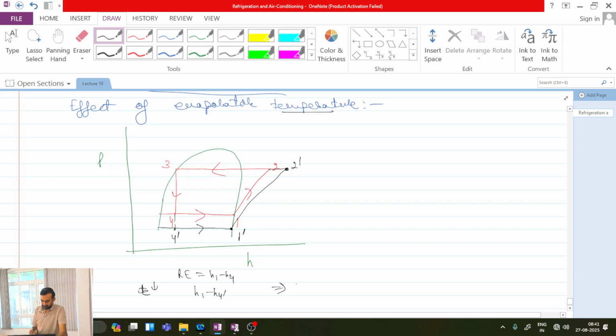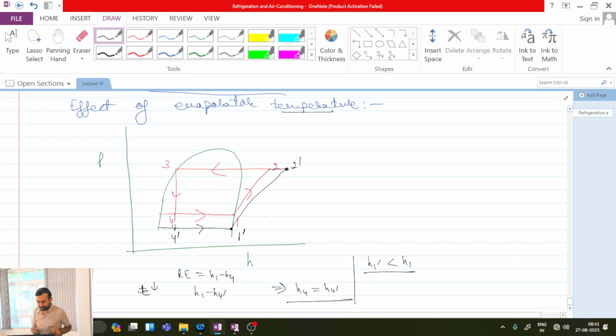Now H4 is equal to H4 dash, because you are starting from the same inlet point, and in an isenthalpic process enthalpy will remain the same. But what is changing? H1 dash is now less in comparison to H1. Of course it is not much less, but slightly less.